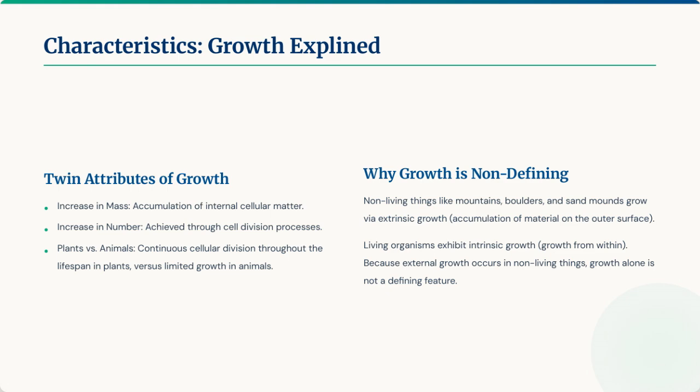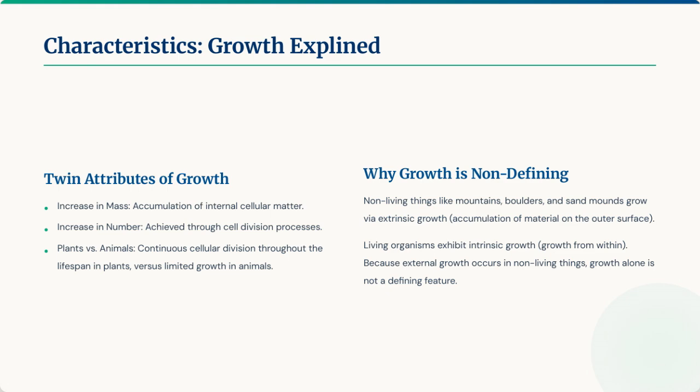Digging a bit deeper, growth in living organisms involves two aspects, an increase in mass and an increase in number. The increase in mass results from the accumulation of internal cellular matter, while the increase in number comes from cell division processes where new cells are produced. It's also interesting to note the differences between plants and animals.